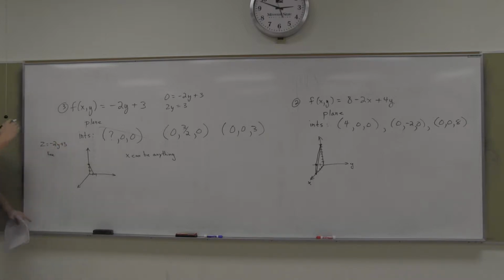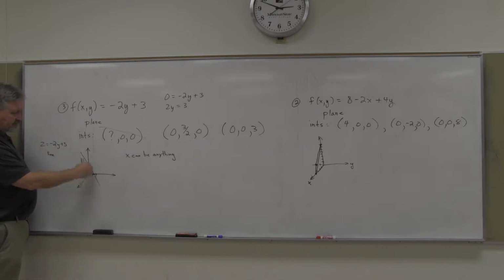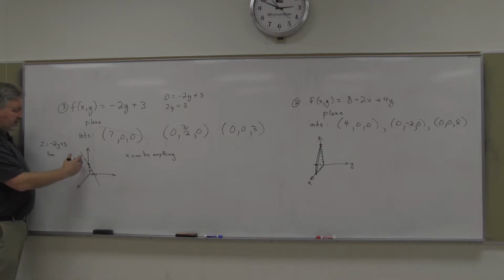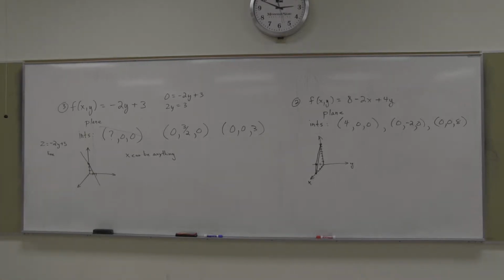If you're just thinking about it in the yz plane, that's just a line. So you've got this line, but x can be anything. This particular one is when x is 0. So if I move to say x equals 1, that would be another line, right? X could be 1. So it's just another line here, but it's the same line.